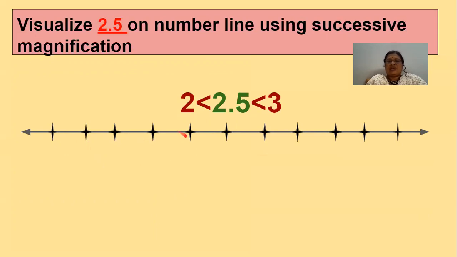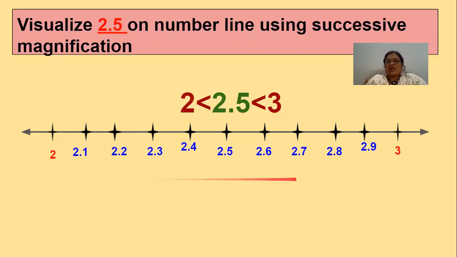So the distance between these 2 points will be equal. So what we have done, we have divided this 2 and 3 into 10 equal parts. So this is 2 and this is 3. Let us visualize this 2.5 on the number line. Where it locates, it is very easy to find out.